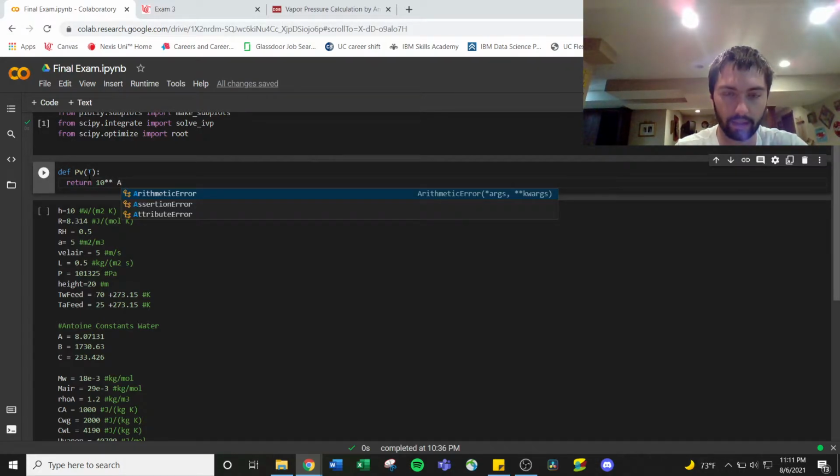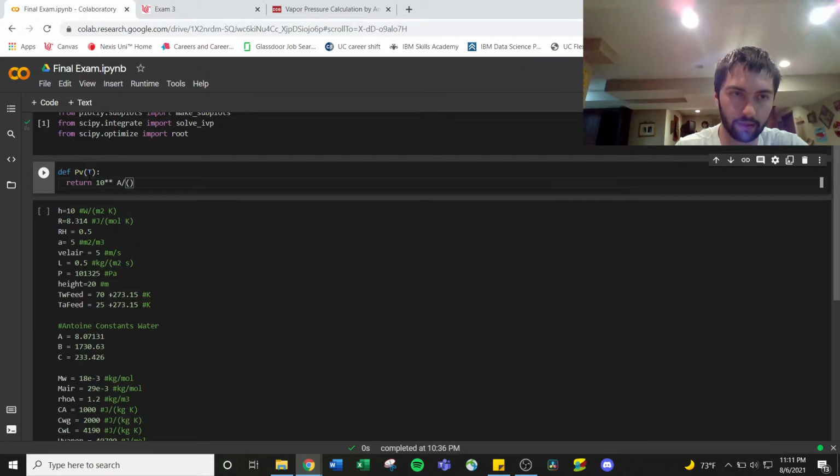Then it's A minus B divided by, and then in parentheses, C plus the temperature that we want to give it, so T, except the Antoine equation we want it to be in Celsius. So we're going to minus 273.15.